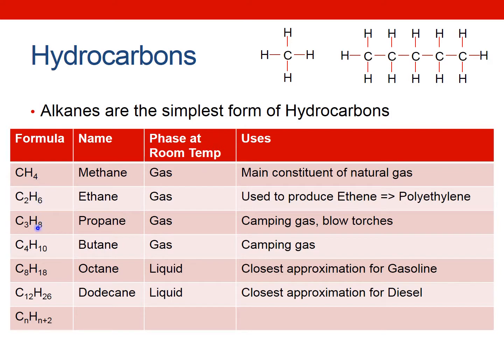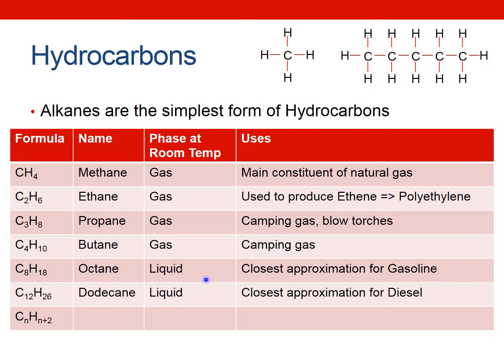As you start increasing the number of carbons in the chain, you start to move from gases through ethane, which is used in polythene, propane, which is used as a camping gas and in blowtorches, butane is also used as a camping gas. To eventually we get to some of the heavier hydrocarbons, such as isooctane, octane, which has 8 carbons in it.